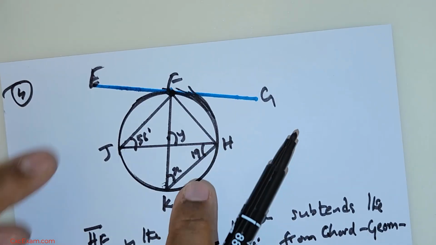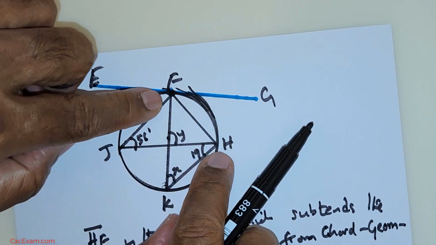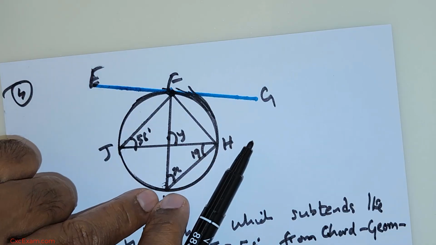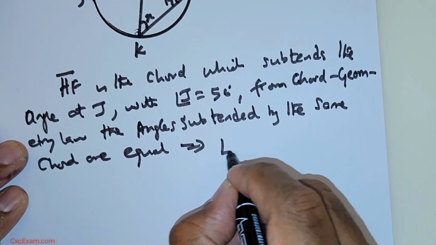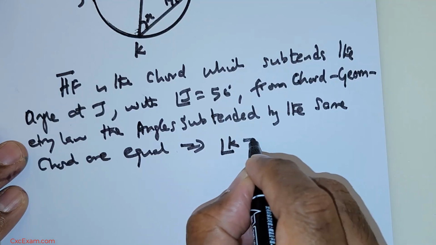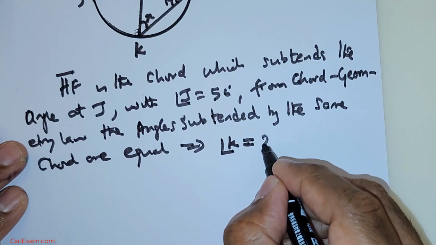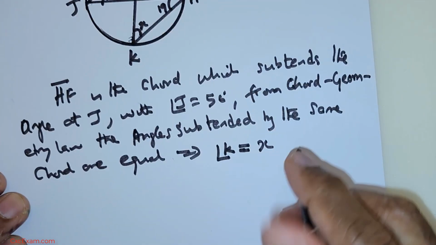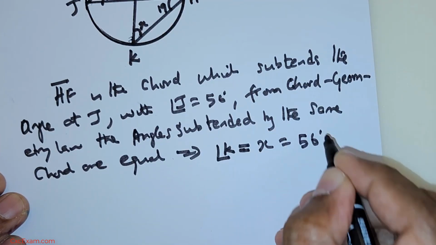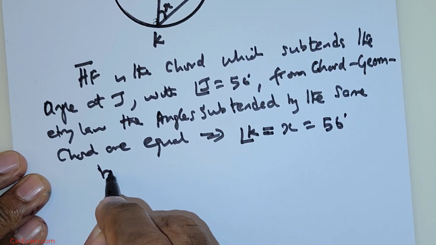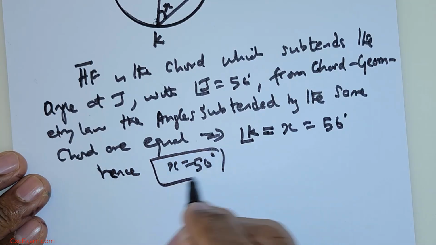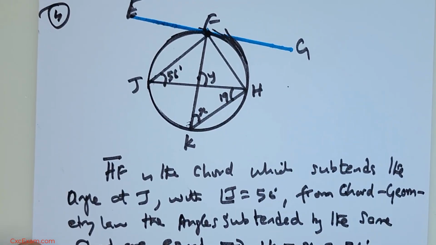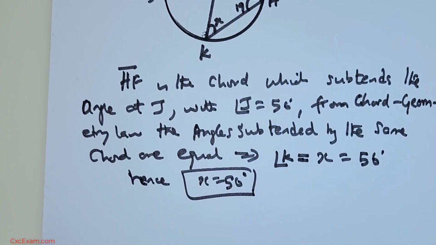So see, this chord is subtending this angle. This chord is also subtending the angle at K. So this means angle at K, given as X, will be equal to 56 degrees. Hence, X is equal to 56 degrees. You box this. Okay, that completes the first part of the question.